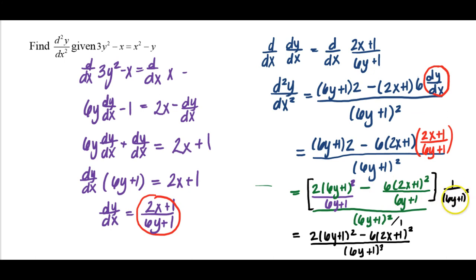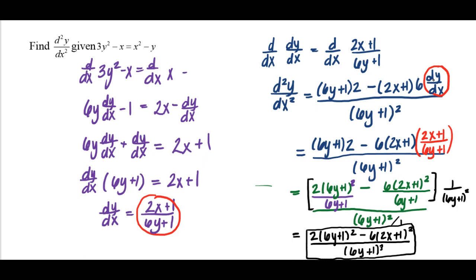And then there were 2 copies of 6y plus 1 over here when I multiplied by the reciprocal. So that's why it's 6y plus 1 cubed. So that's all I can do. I just want to remind you, these two things do not cancel because of the subtraction right here. So this is the best I can do as far as simplifying goes.